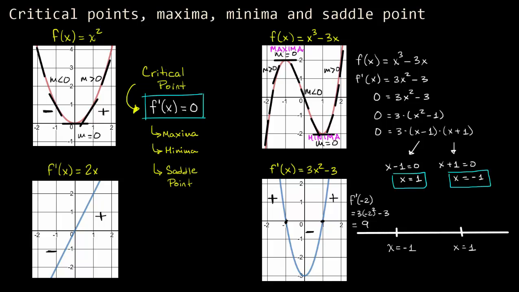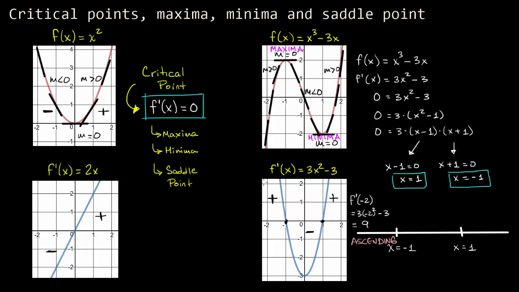And the thing is, I just picked this value of -2 to prove that we got a positive result. A positive result would imply that this piece, from negative infinity up to x equal to -1, the function will be ascending. There it is.